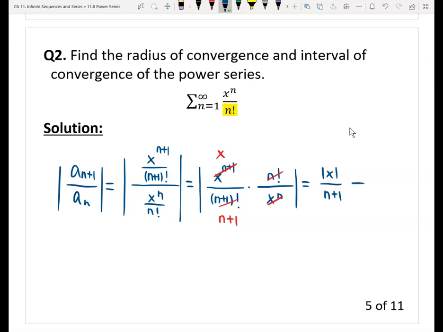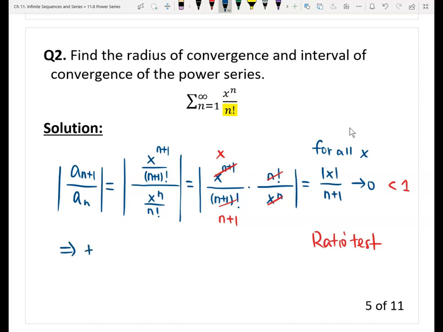So this approaches 0, no matter what kind of x. For all x, no matter which real number x equals, it always approaches 0, right? And 0 is less than 1, definitely. So by the ratio test, we can find the result. So we can find convergence for all real numbers, right?